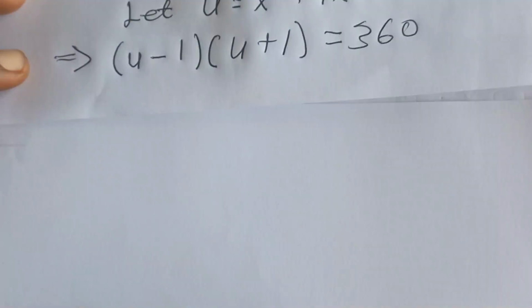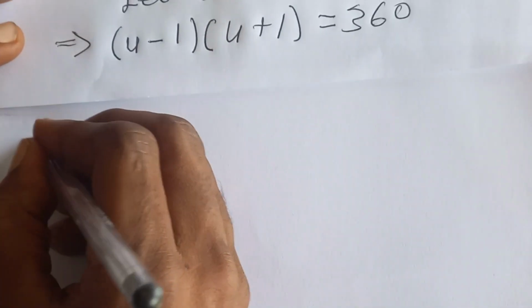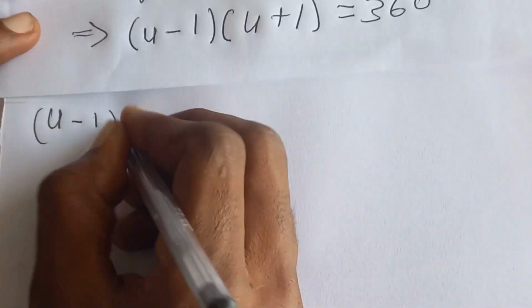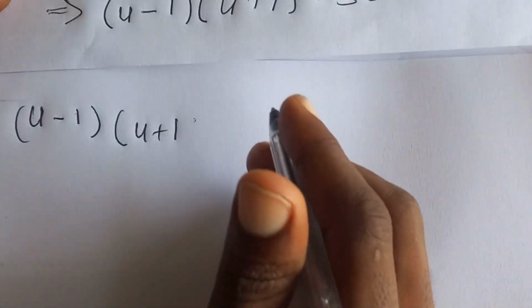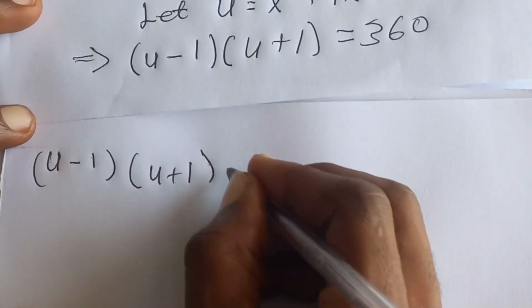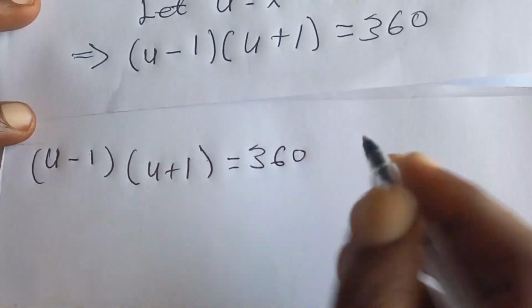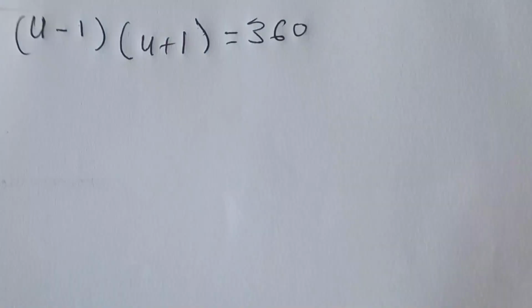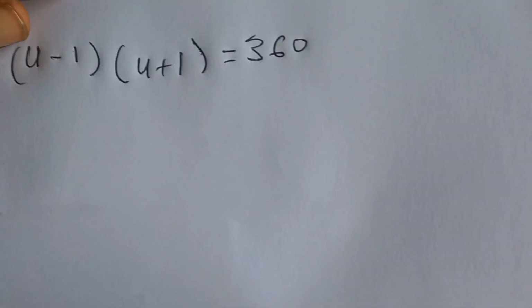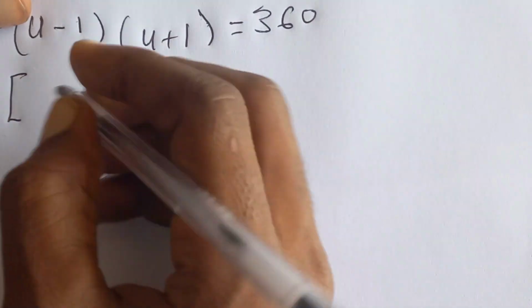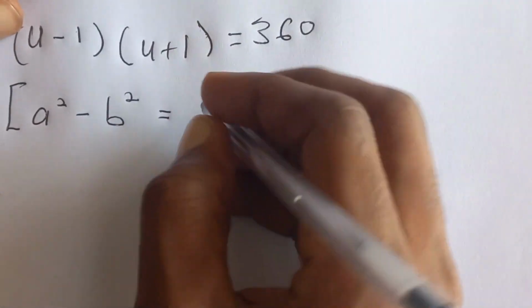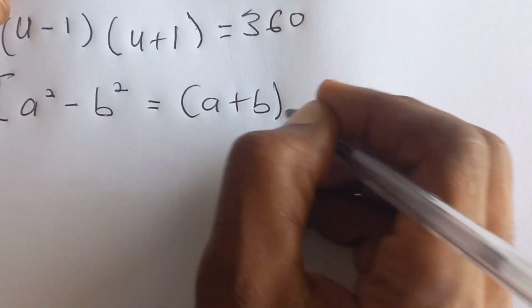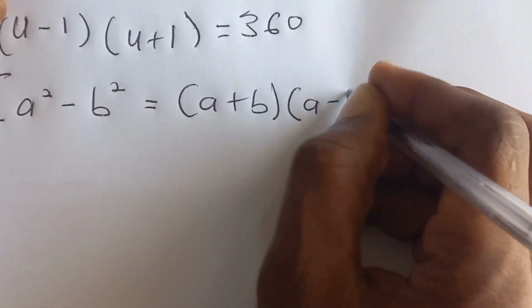Having (u minus 1)(u plus 1) equal to 360. Okay, so now you can say that in indices we have a squared minus b squared is equal to (a plus b)(a minus b).